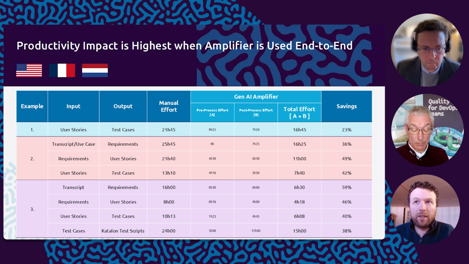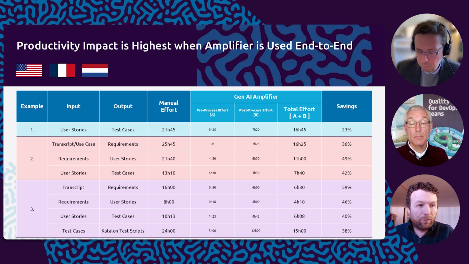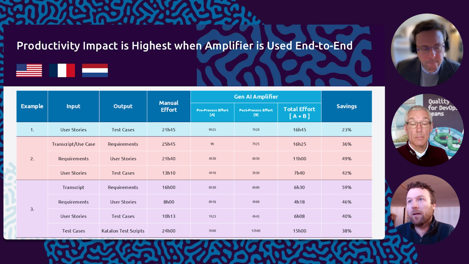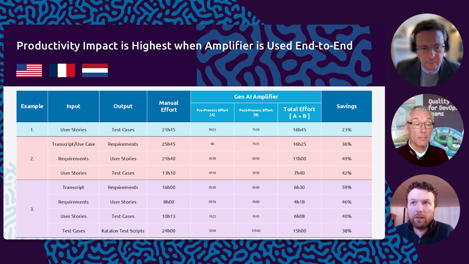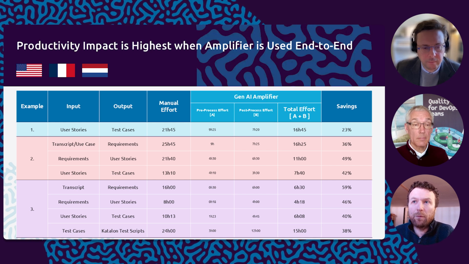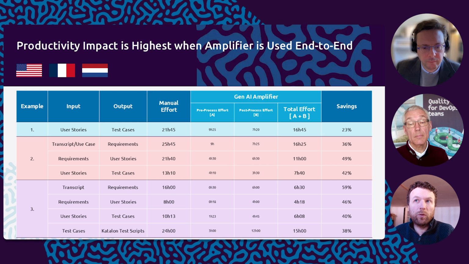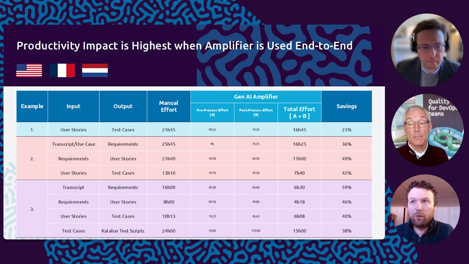But in reality, that is what you would do. And then you remove redundant or unnecessary information. So there's some pre-processing needed to put it into the amplifier. And even if the output is generated, you still will do some modifications there manually as well.